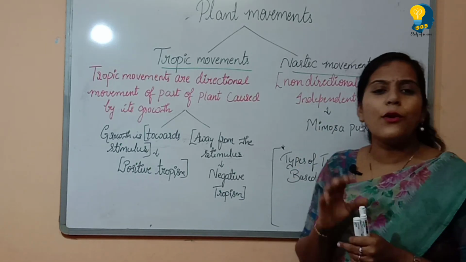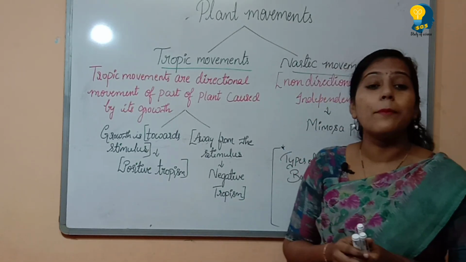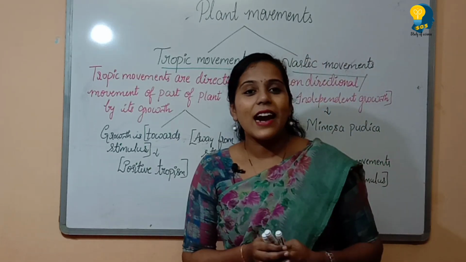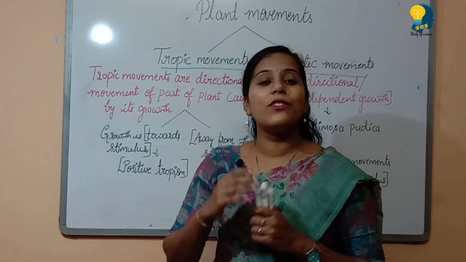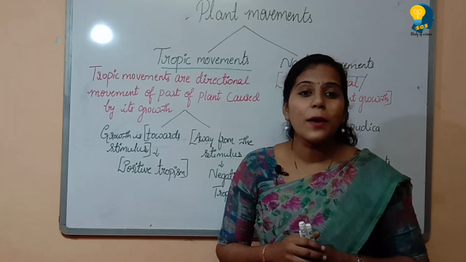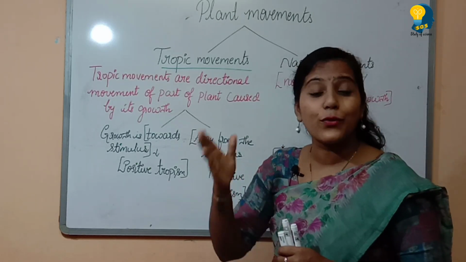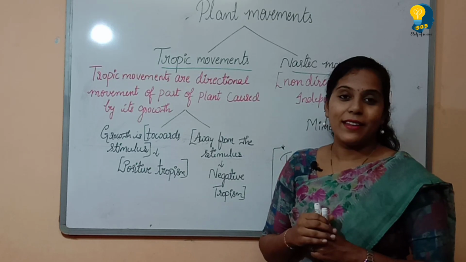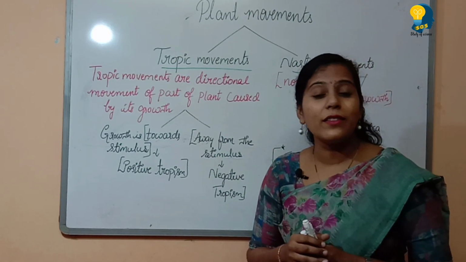For example, for the nastic movements, I can give the example of Mimosa pudica. You all know about Mimosa pudica, which we call the touch-me-not plant, right? This Mimosa pudica does not show any kind of directional movement. So what kind of response does it show?